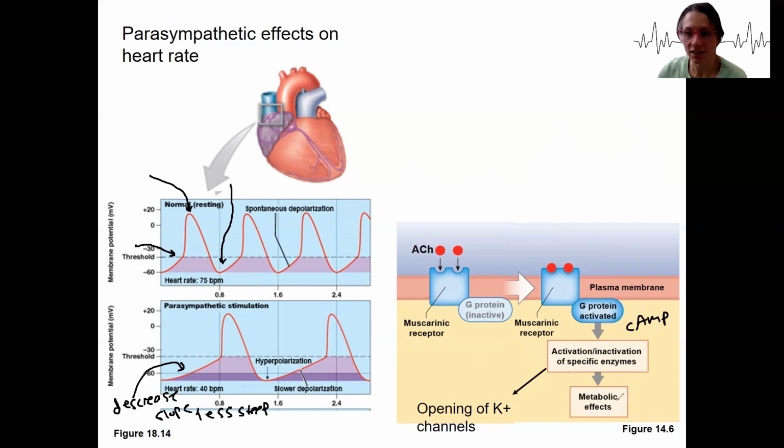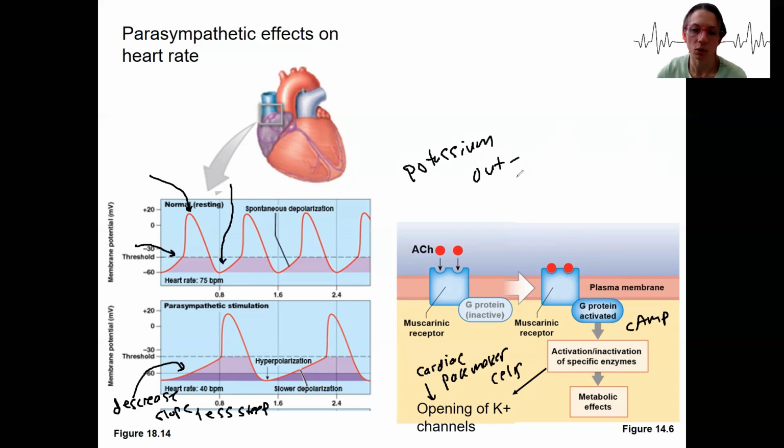This happens in various cell types, but in the heart tissue, so cardiac muscle, pacemaker cells, let's just be more specific. It's going to cause the opening of potassium channels. That's one of the effects of the activation of these other enzymes and pathways. Indirect ion channel opening. Opening of potassium channels is going to cause potassium to flow out.